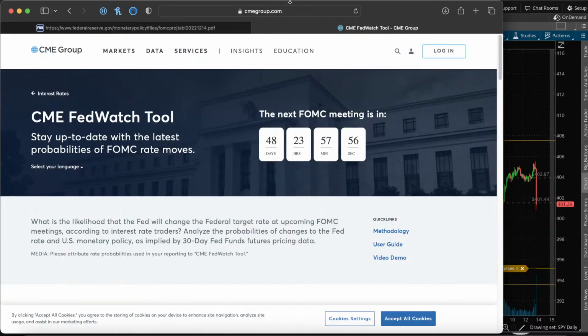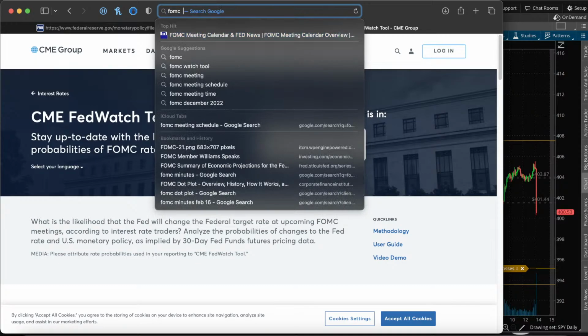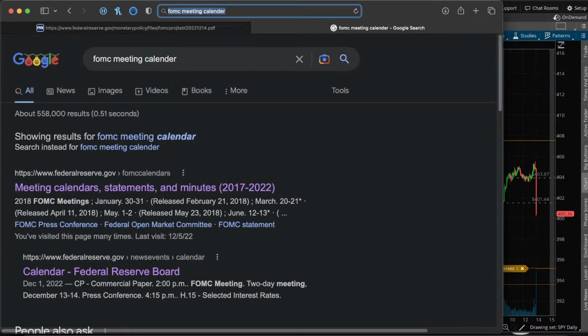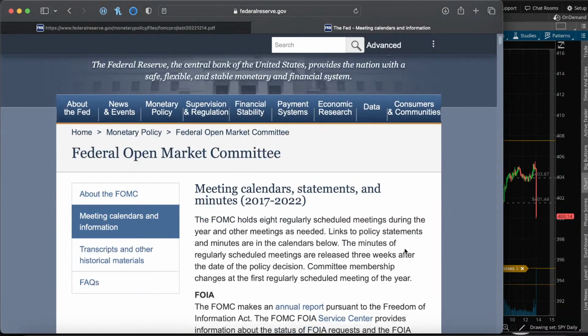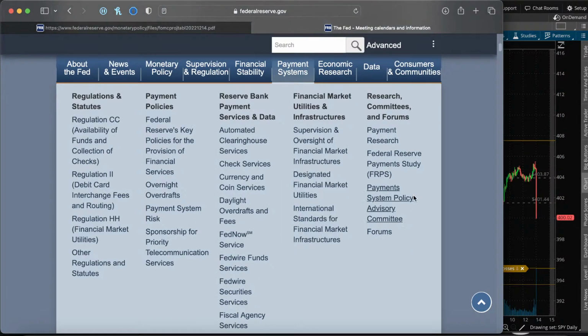So let's check the old one and compare. Okay, so let's go to FOMC meeting calendar again. And I want to say that was like 4.5 to 5%, but let me just double check. That's why you're getting the sell-off. It doesn't matter. The 50 or 75 basis point rate hike does not matter because we already knew that. But we didn't know that summary of economic projections.